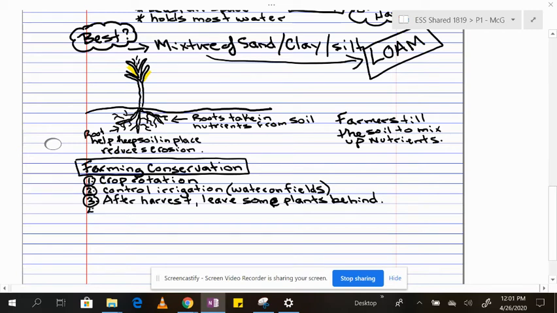And then the other conservation technique that farmers will use is they will use natural items like worms, and they will buy worms to be used as a natural way to break down the ground.